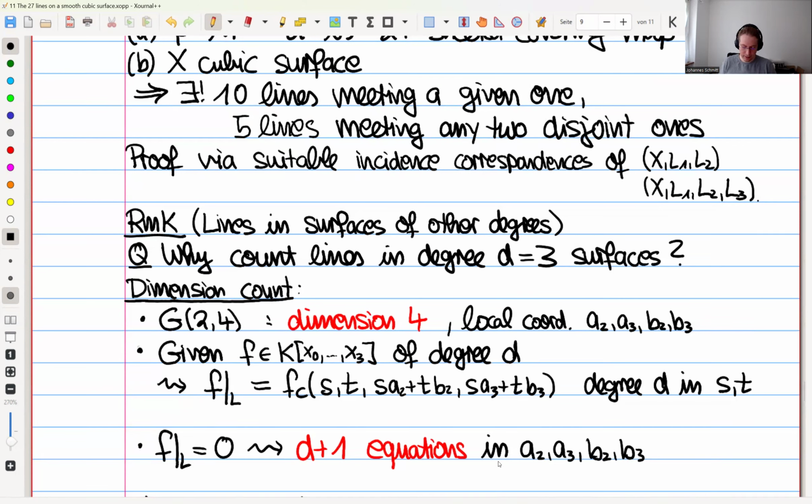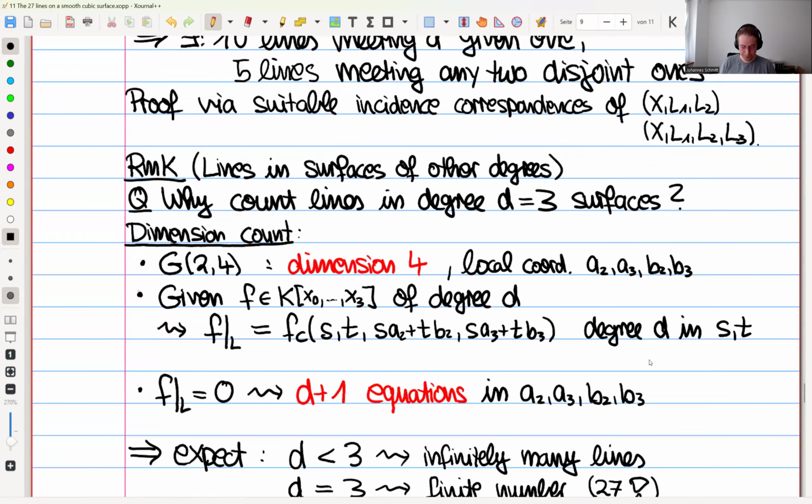if you fix the surface, if you fix the C, then these are still equations in these 4 variables. And now we see there's only one degree d where the number of variables and the number of equations match up, namely d equals 3, when we have 4 equations and 4 dimensions of these local coordinates.